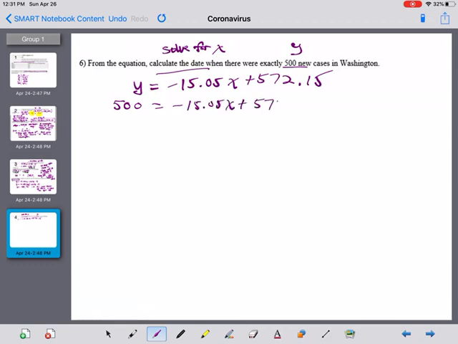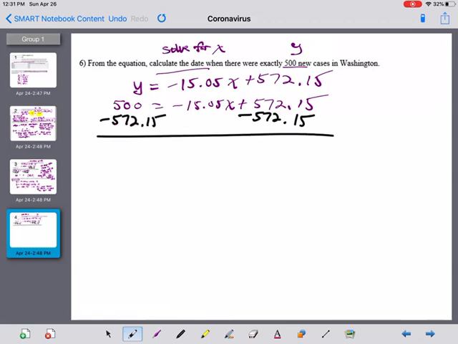So 500. And then get the x by itself. So solving for x. It's okay that you get a negative here, because you're going to divide by a negative in this step.